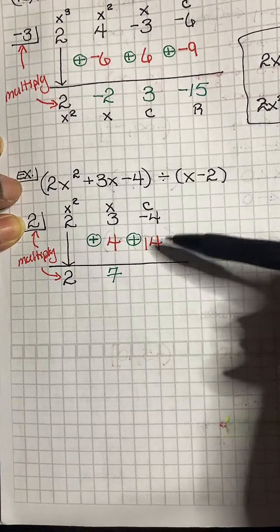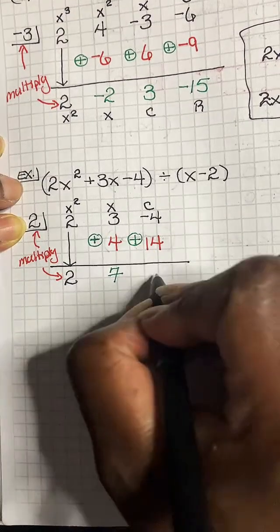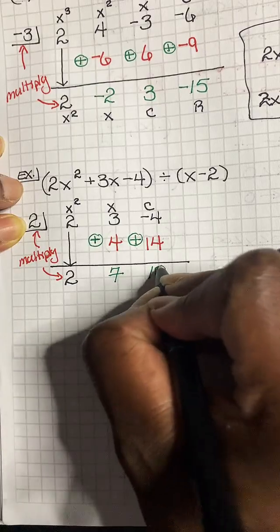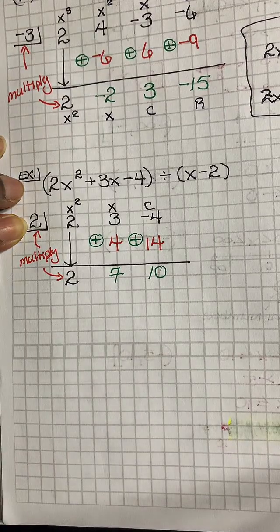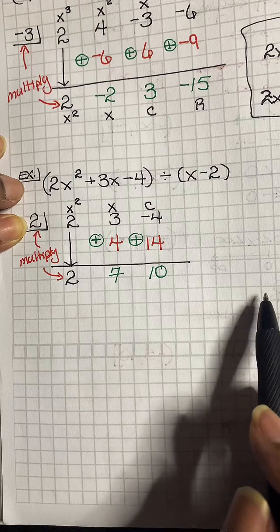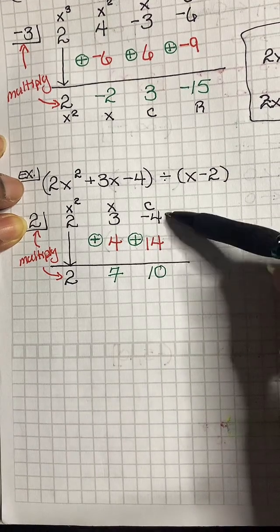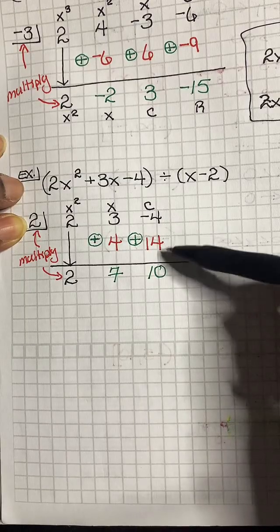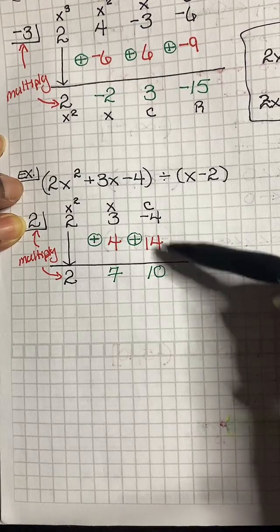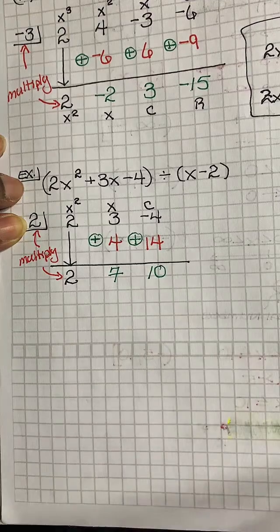Okay, I have 14. I spent 4. That means I have 10 left over. Okay, so now, good, it's a positive 10. It's a positive 10 because remember, the signs are different. When the signs are different, you're really subtracting. When the signs are the same, you're adding.